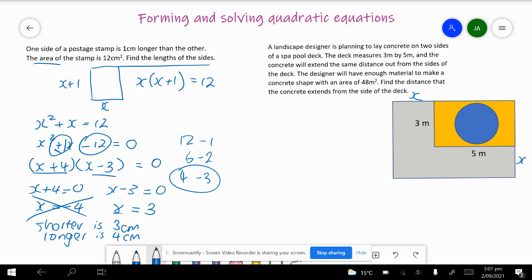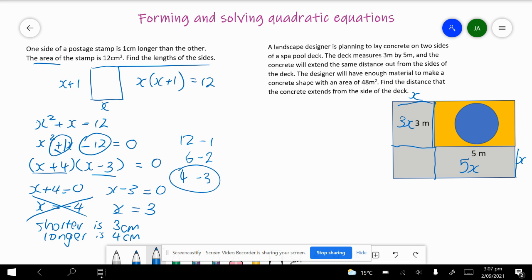Okay, so let's divide this grey area up. The area of this rectangle is going to be 3 times x, length times width. The area of this rectangle is 5 times x, base times height.